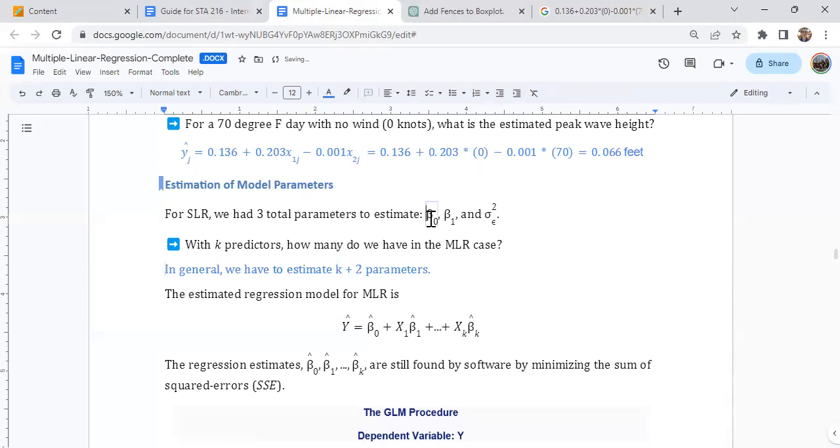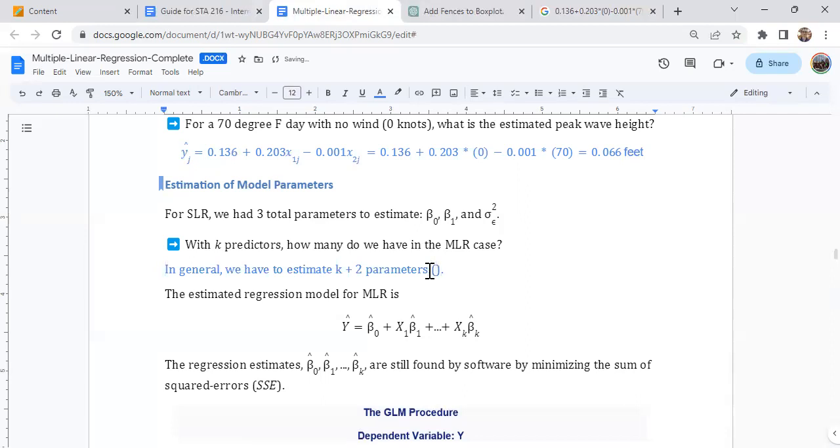The reason being, we always have one intercept, and we always have one set of errors for which we estimate this term. But then the number of slopes that we have to estimate is equal to the number of predictors. So it's these 2 things plus the number of predictors. That's what gives us the k plus 2. I'll write that in parentheses maybe.